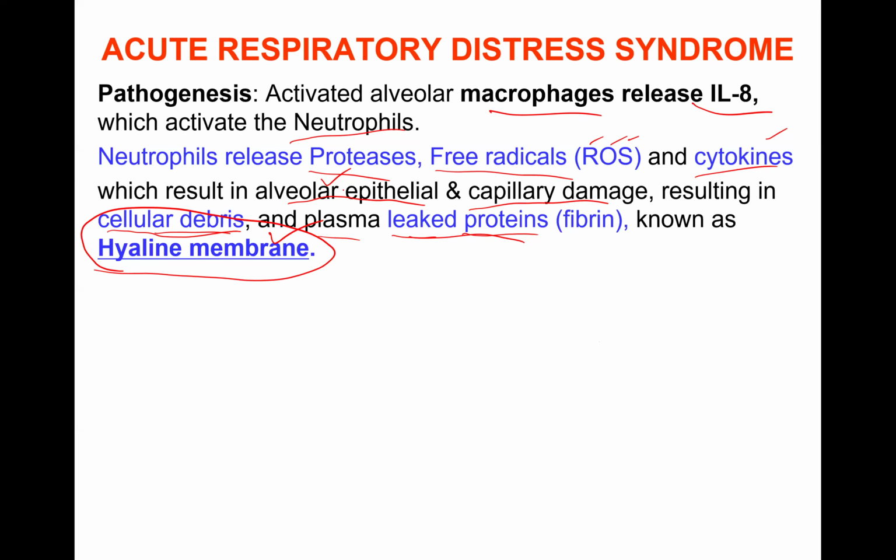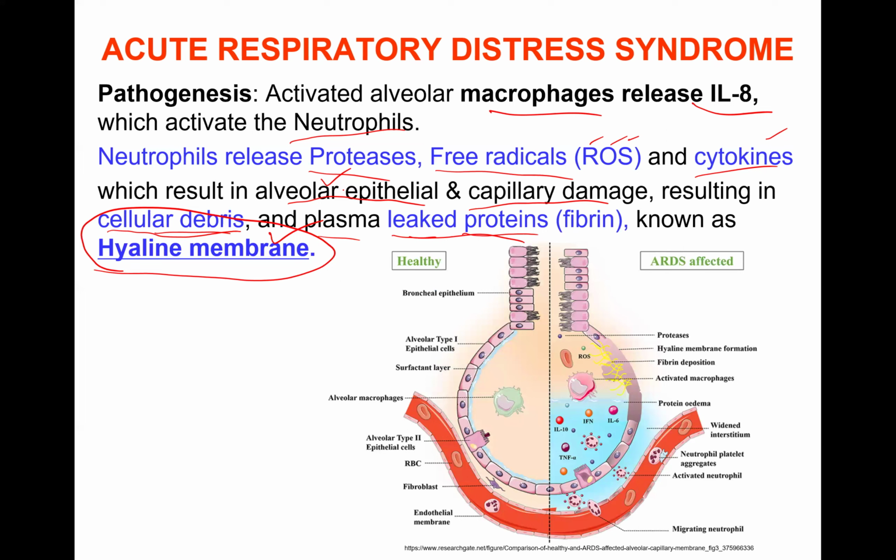Clear? Good. So on the left side is a healthy lung alveolus, but on the right side you can see the activated macrophage, in response to lung infection or systemic inflammation, which releases interleukin 8.